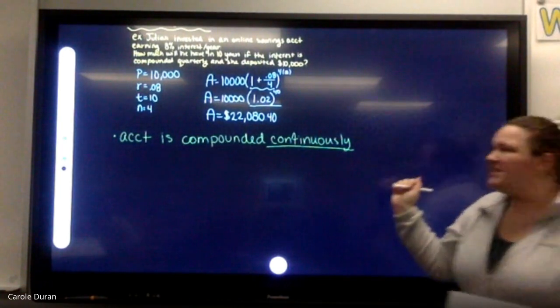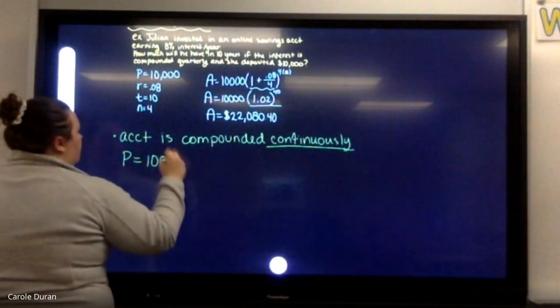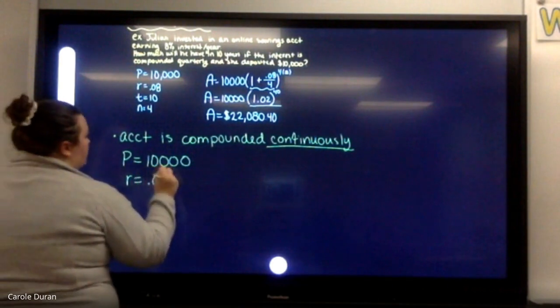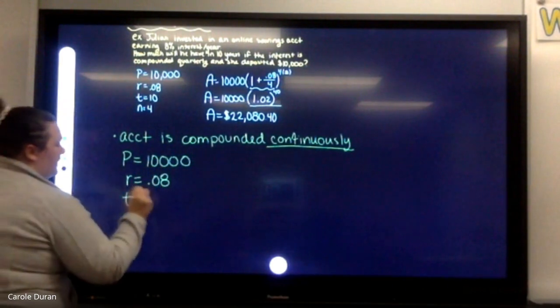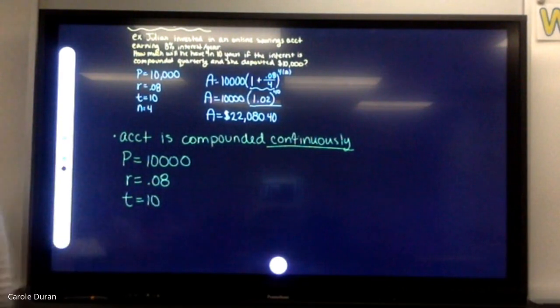So still using the same information. I still put in 10,000 to start. E is the base. My interest rate is still 8%. It's still sitting in there for 10 years. But now there is no N because it's constantly being compounded.